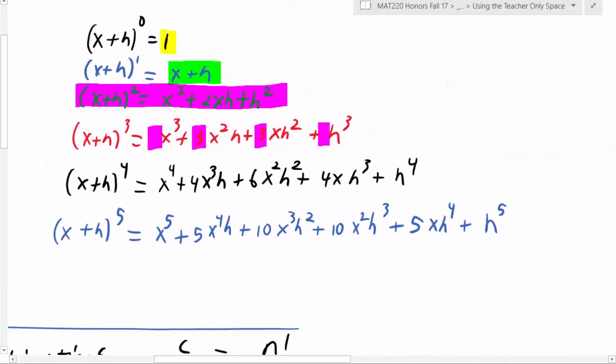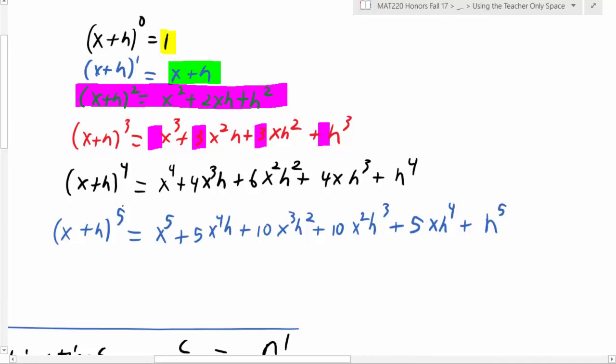Well, if you notice, each term, when you look at the two variables, x to the fourth times h, x to the fourth is 4, h is raised to the first, so therefore 4 plus 1 makes 5. x cubed h squared, 3 plus 2 makes 5. That'll always be true. The exponents are always going to add to make the degree of the power of what your original binomial is raised to.